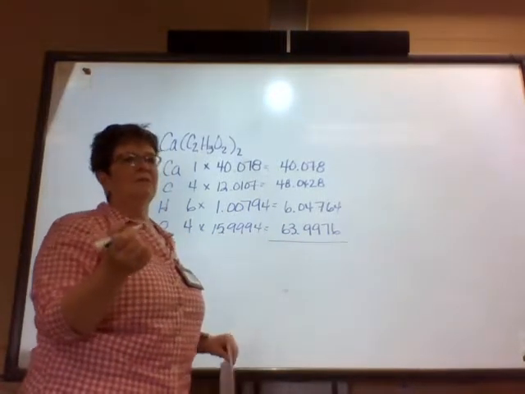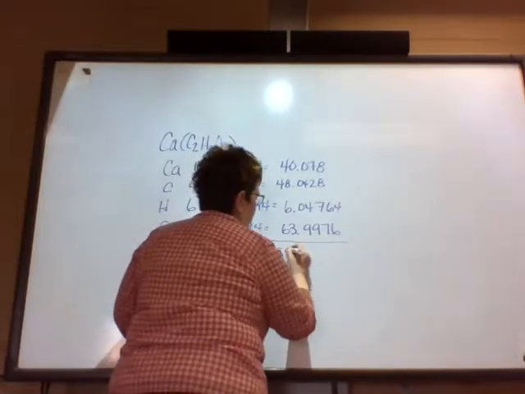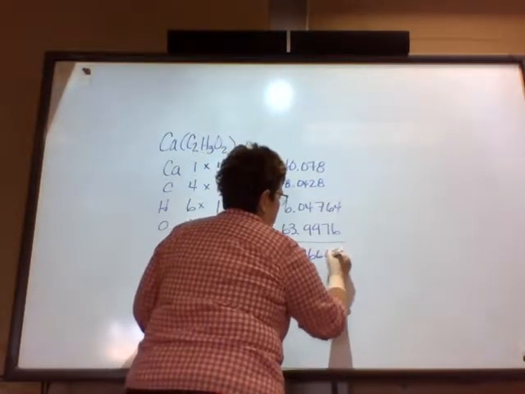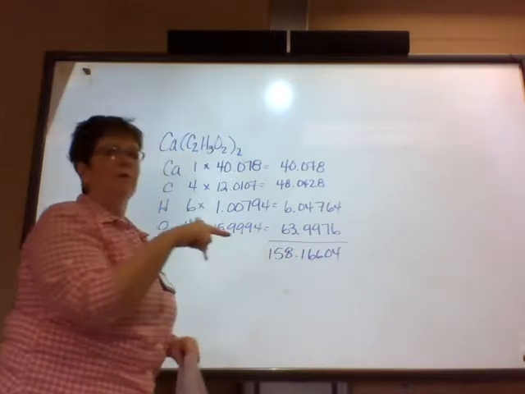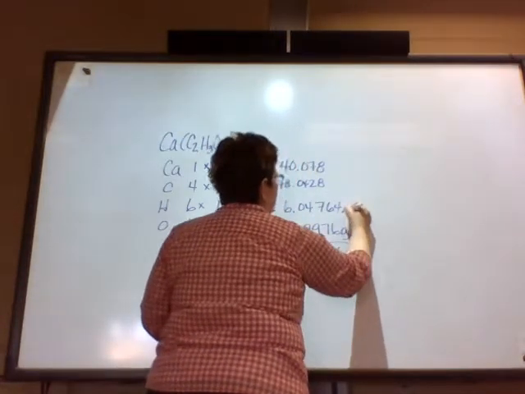I'm guessing around 160, but it's not 160. 158.16604. That's what I got too. Yep. All right. Now, if I label it grams, all of these are grams. I'm thinking of it as 1 mole.